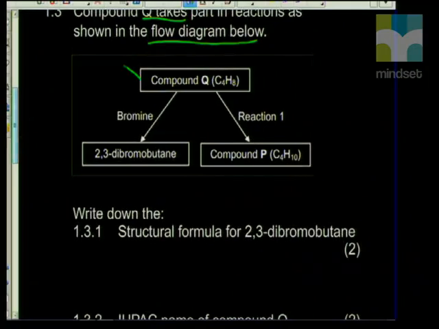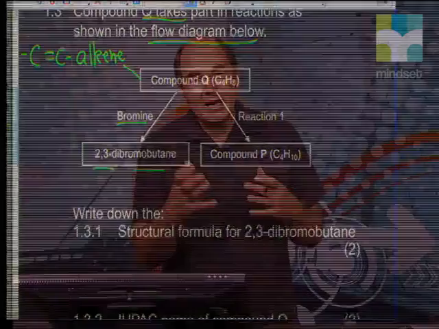So compound Q, remember earlier we identified that as being an alkene, and we recognize that that's got a double bond. It is unsaturated. We're told that reaction 1 happens with bromine, and it produces for us 2,3-dibromobutane. So let's just quickly identify what's happened.